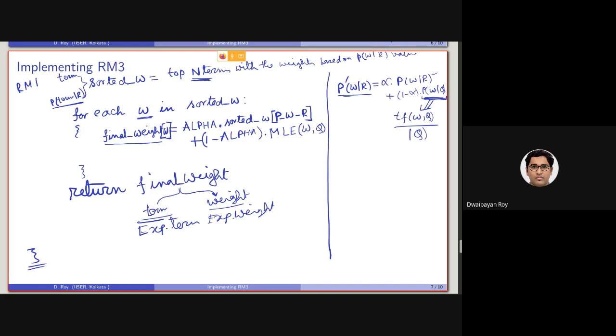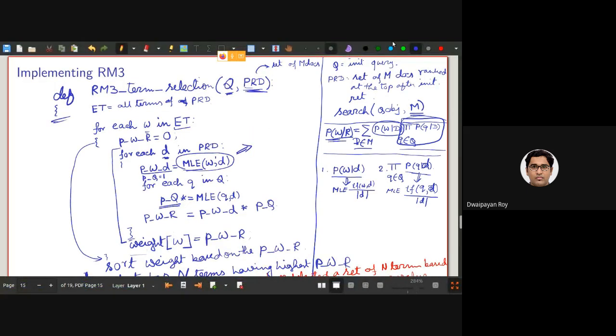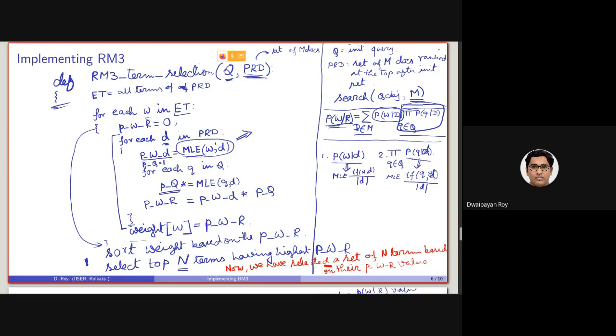Now, an obvious question that you can ask is how to actually get this. One simple thing is, this is basically the term frequency of the word W in D divided by the length of D. As we have mentioned, during indexing, creation of the inverted index, we first started with storing only 0 and 1.